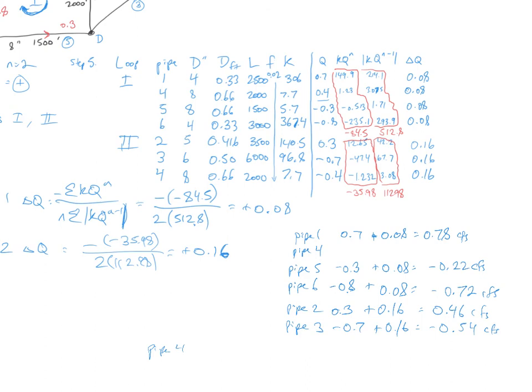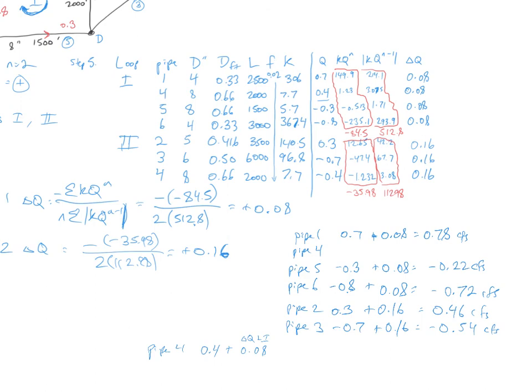So let's just think about it as if we're doing loop 1, where we start with 0.4 CFS. We're going to add the 0.08 CFS correction. That's the delta Q from loop 1. The trick here is now we have to subtract the 0.16 correction in loop 2.